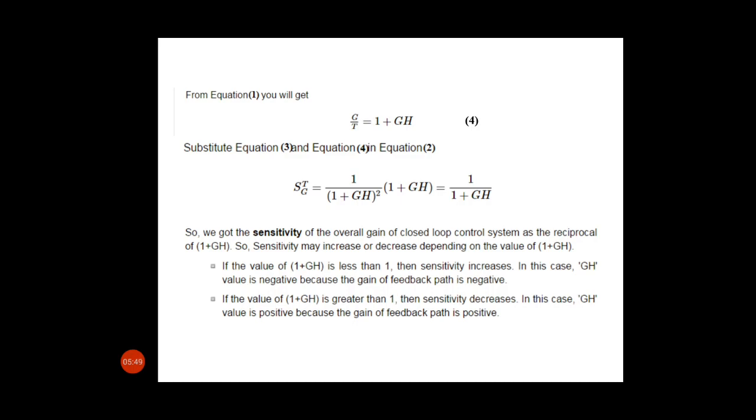So here again we have seen the sensitivity of the closed loop system also depends on the 1 plus GH factor. If you are increasing your feedback path value, then sensitivity is going to reduce, same as gain.